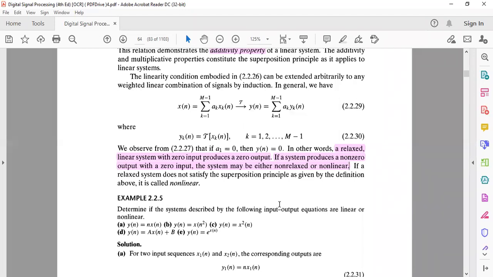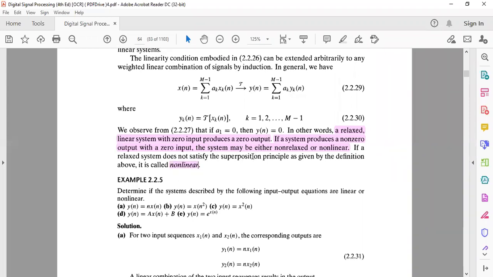If a relaxed system does not satisfy the superposition principle as given by the definition above, then it is called non-linear. So it is either a linear system if it satisfies this superposition principle, otherwise it is called non-linear.